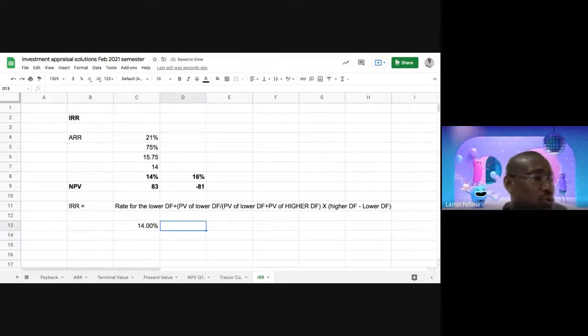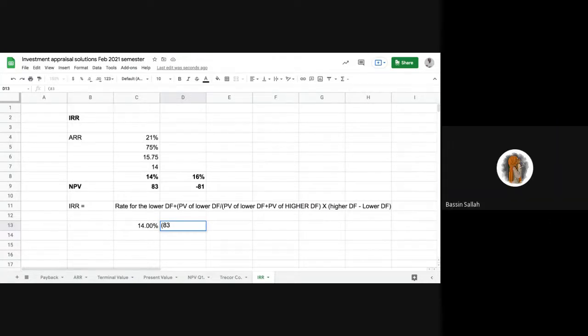Okay, so now we're going to calculate the present value of the lower DF. So I'll open the bracket. What's the present value of the lower DF? The present value at 14% is 83, isn't it? Yes.